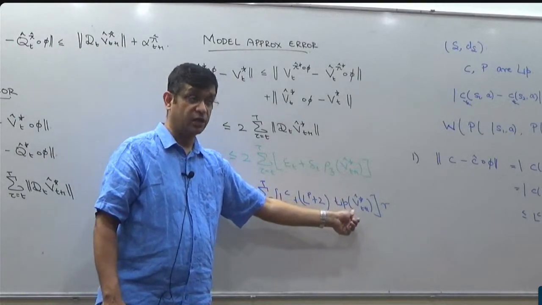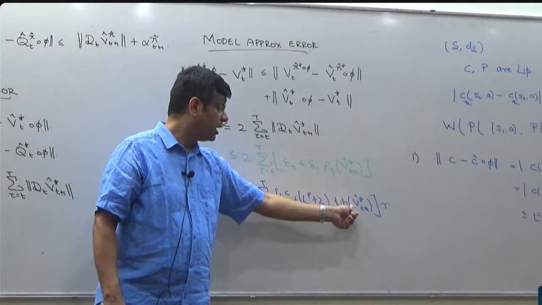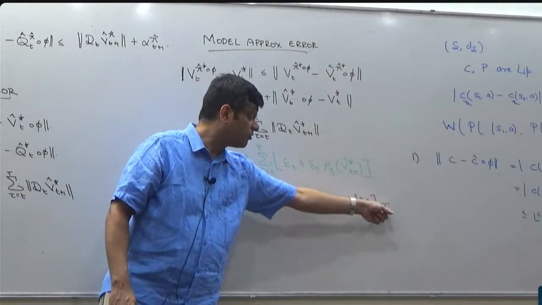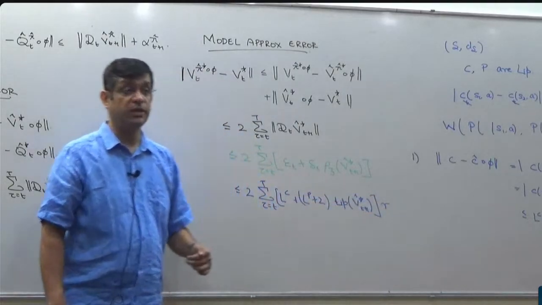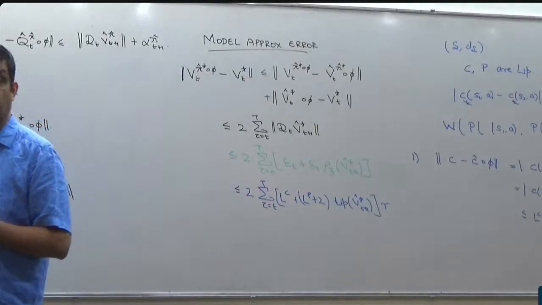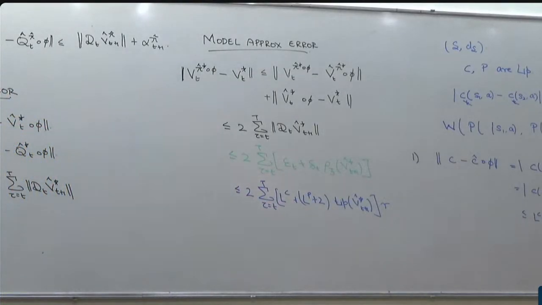And I can use those to say, here is an upper bound on the Lipschitz constant of the value function, and therefore how small r should be, so that this entire thing becomes less than whatever approximation error I want. Okay. So with these results, we can answer the basic questions that we were interested in.